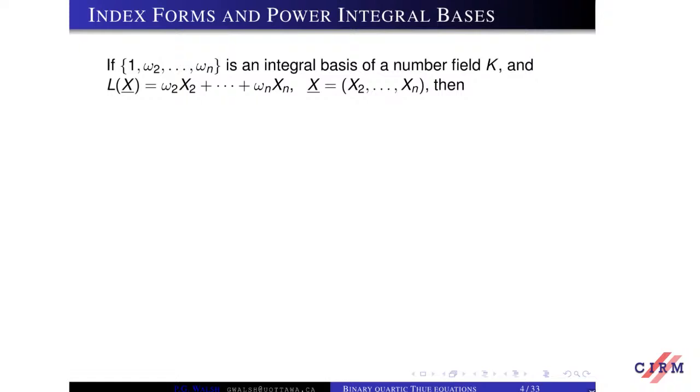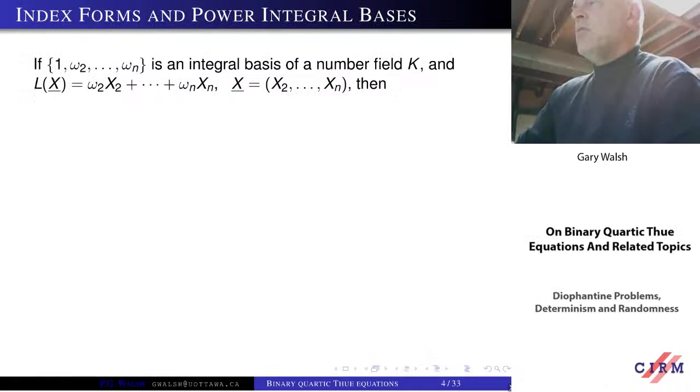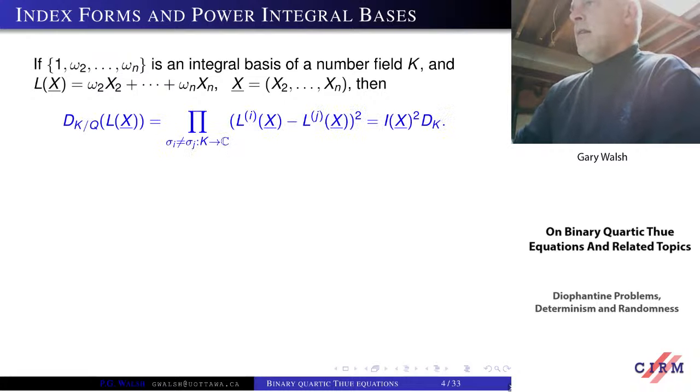And I'm going to look at the linear form on the n-1 variables capital X sub 2 up to capital X sub n. And I'll write that as a vector. So we're looking at the linear form L evaluated at the vector of variables x2 up to xn.